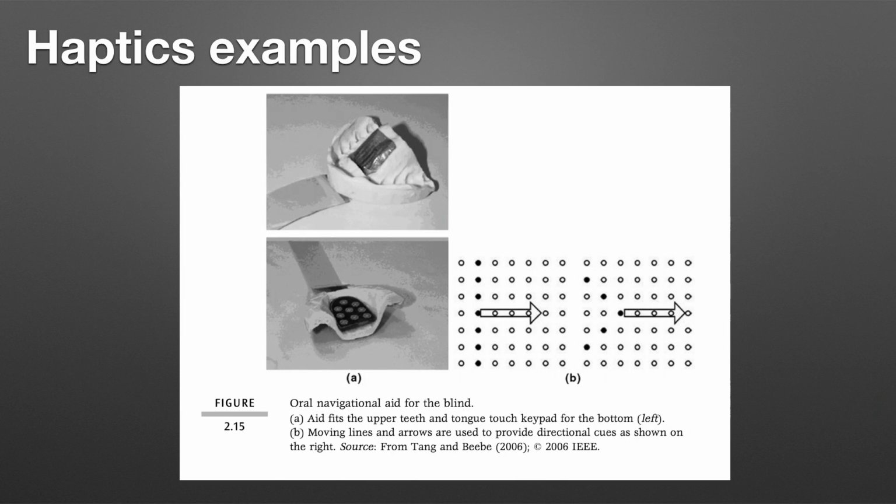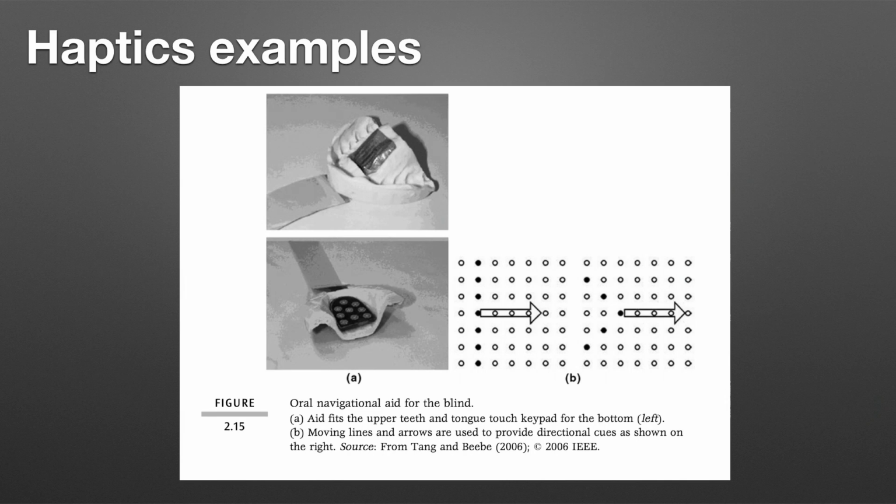Here is an example of something else that is not so much a kinesthetic haptic, but more of a tactile, cutaneous haptic. This is a navigational aid for people with impaired vision, and this actually goes in the user's mouth and can haptically stimulate them to provide them directional input.